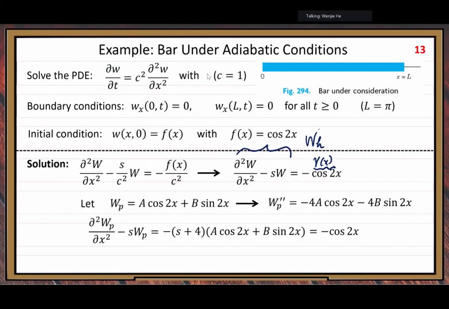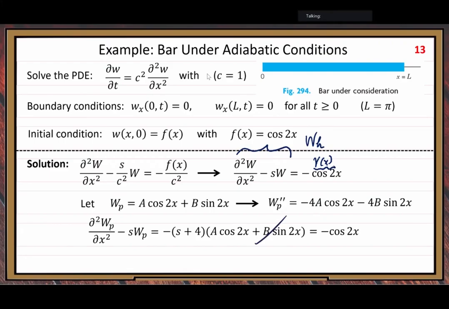So now we need to solve this equation for capital A and capital B. The method is very simple: we compare the coefficients of the corresponding terms, the cosine term and the sine term. The right-hand side has no sine term, which means B is 0, because this B part corresponds to the coefficient of the right-hand side.